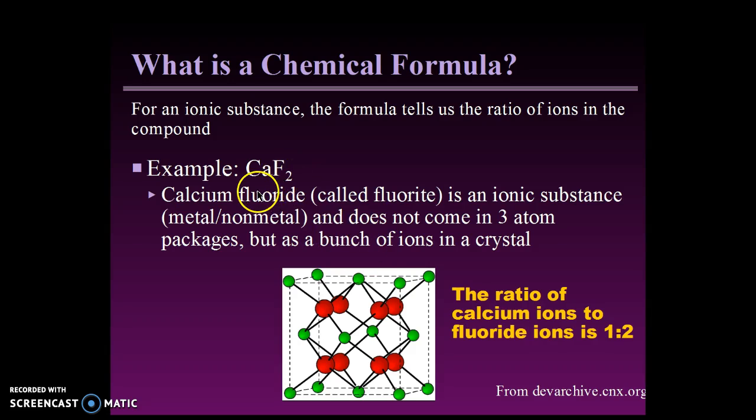These do not come in packages of 3, 1 calcium and 2 fluorine. All the formula tells us is the ratio of calcium ions to fluoride ions. And the ratio of calcium ions to fluoride ions is 1 to 2. You see here what we call a unit cell of the fluorite.